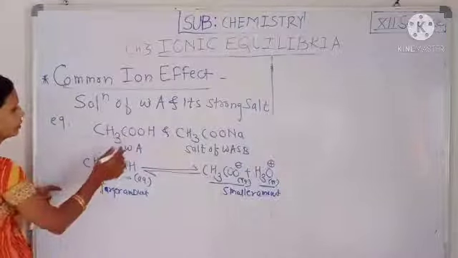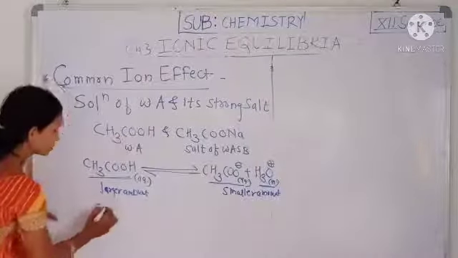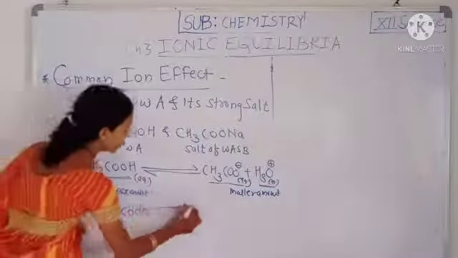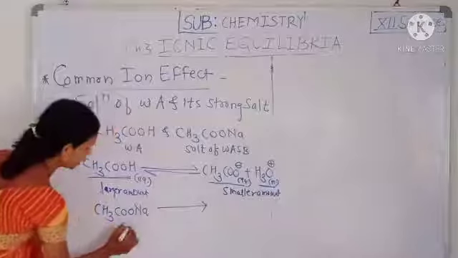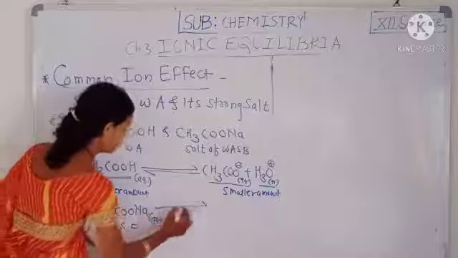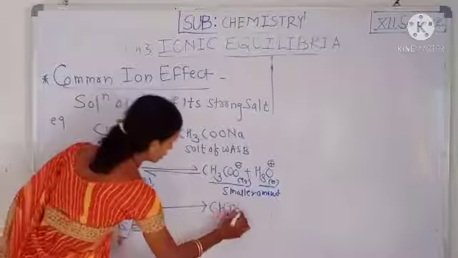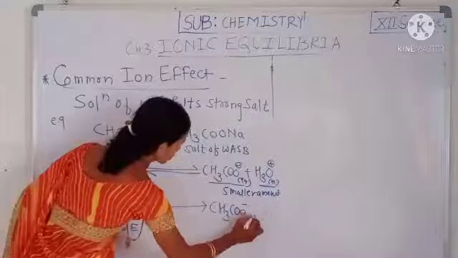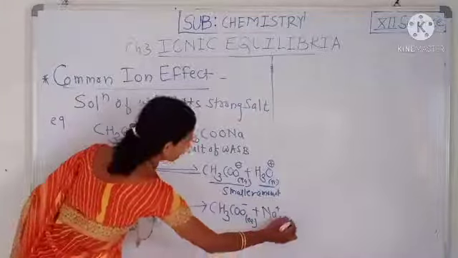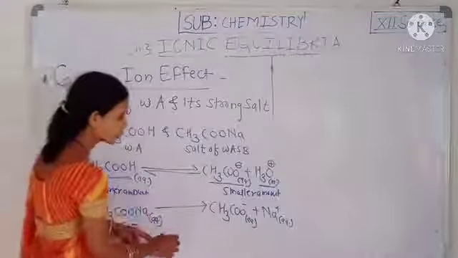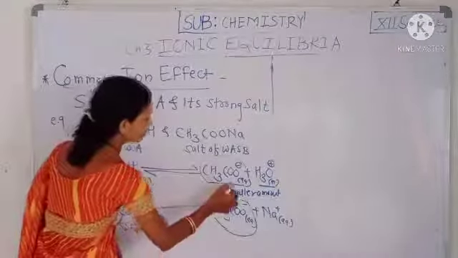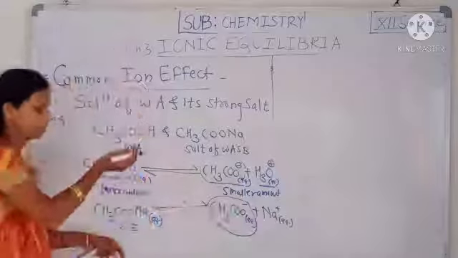And when we add sodium acetate, which is a strong electrolyte, it dissociates completely in aqueous medium to give CH3COO minus and Na plus ion. Then see here, in the solution the concentration of the common ion increases.